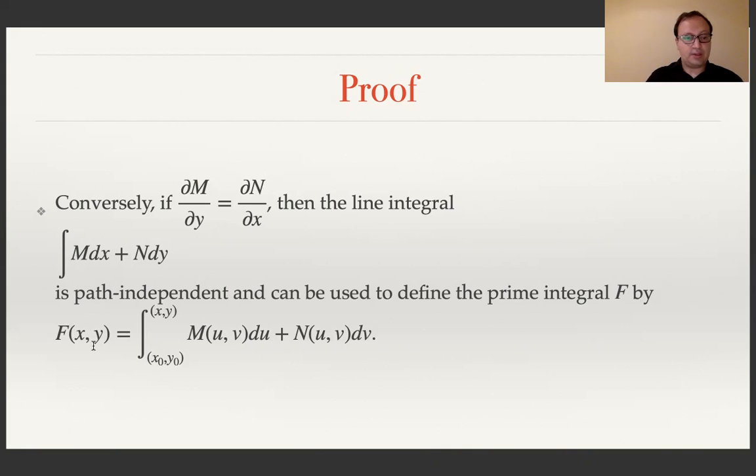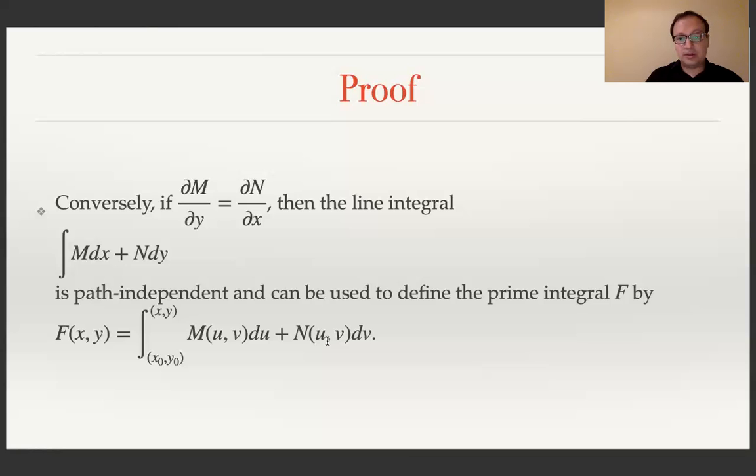And then we can define the prime integral by this line integral. So capital F of x and y is equal to the integral from some fixed starting point to the point of coordinates x and y of M du plus N dv, as in our first solution method for exact equations.